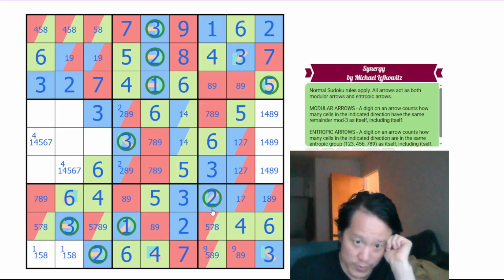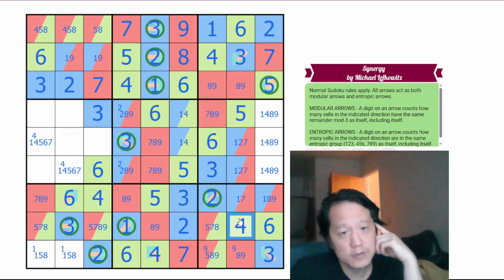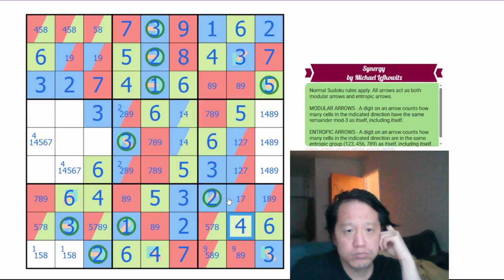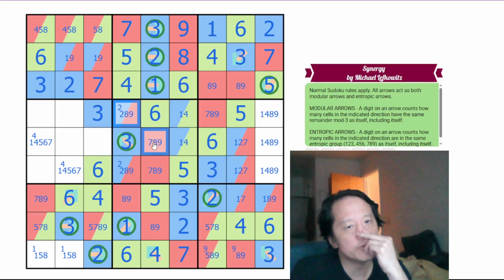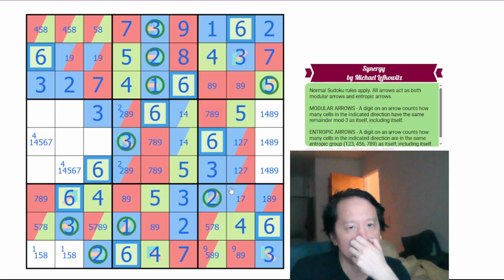Four and 5 don't satisfy the entropic or modular arrows. That means one of these has to be a 9. Because we don't have a 3 anywhere on this diagonal. And 6 is no longer there too. I think all the 6s are taken.